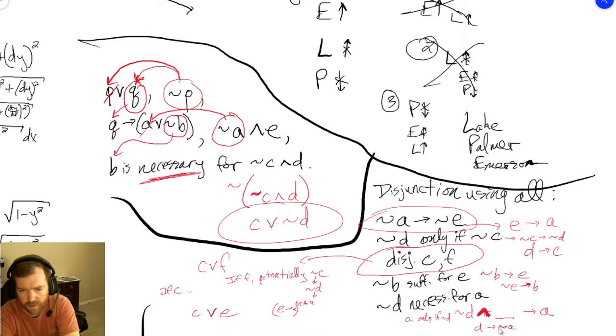That could work too. Yeah. Though we did already establish that we're probably going to get not D on this side.